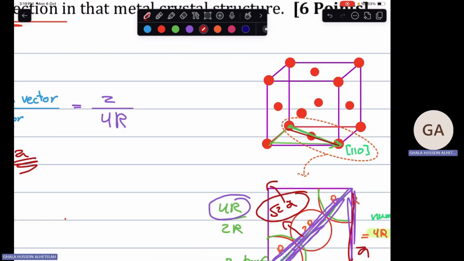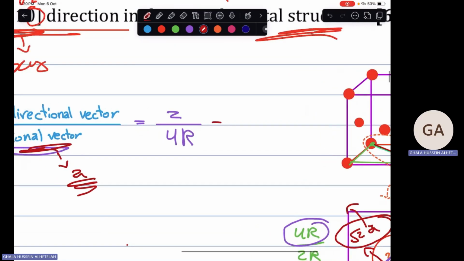If you have the BCC structure, it will not work, so you do not know the number of the atoms very well or the length very well in this direction. Okay, just substitute.